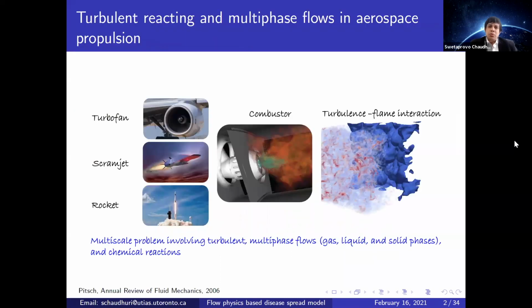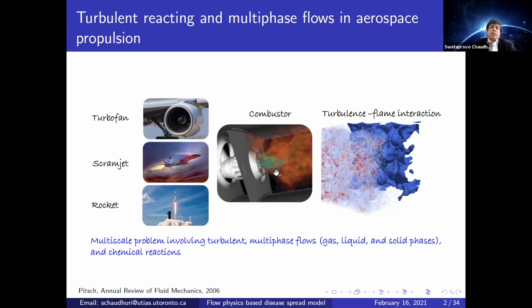So what do we do? Where does our research focus lie normally? We look into the turbulent reacting and multiphase flows relevant to aerospace propulsion. As you know, there are different kinds of aircraft engines as well as rocket engines, and at the heart of these engines is the combustor.